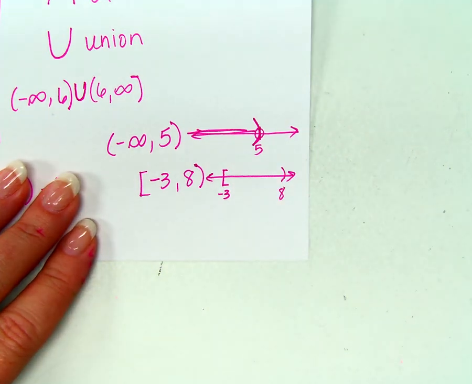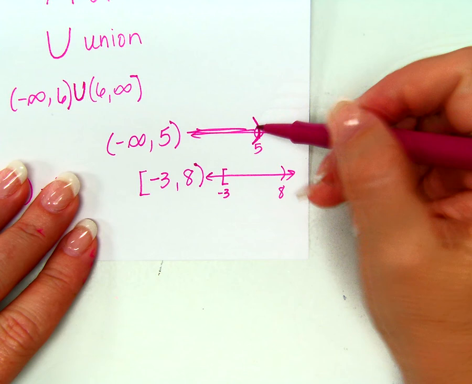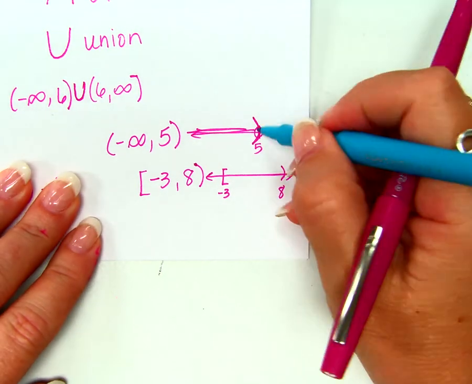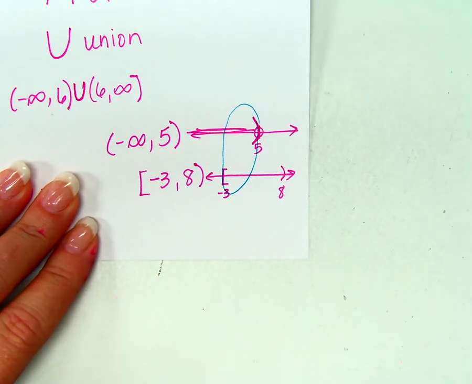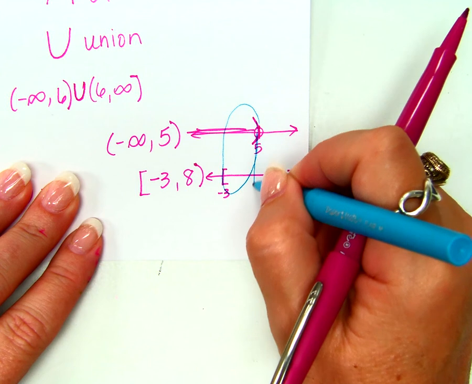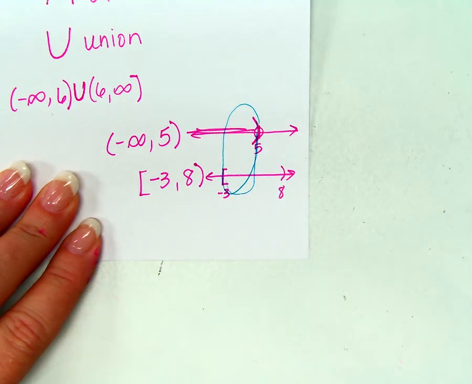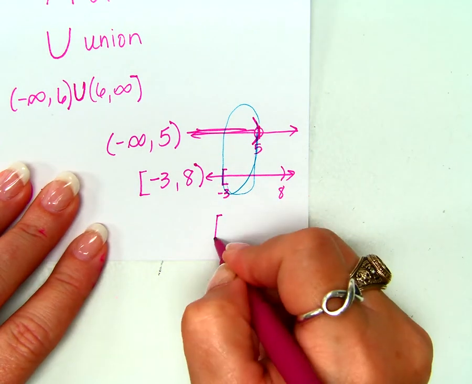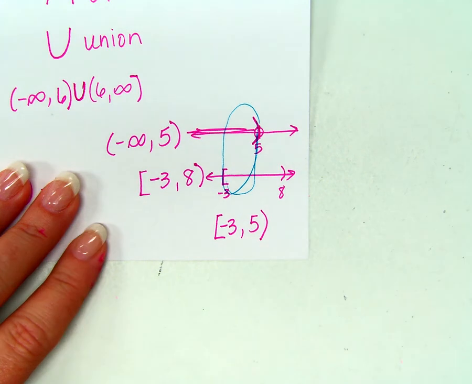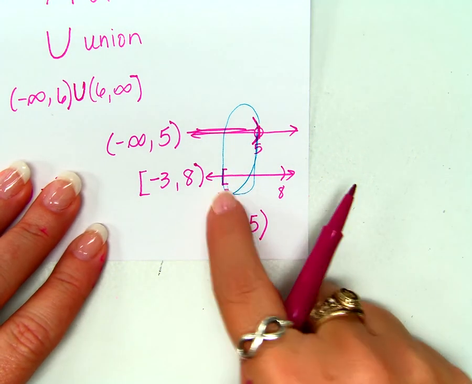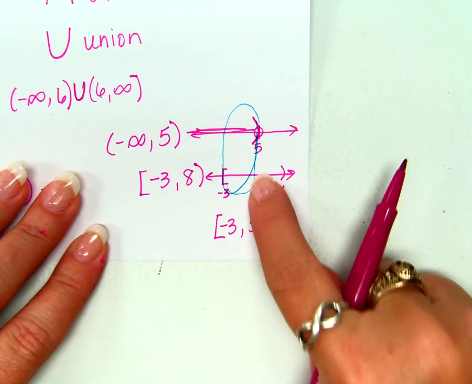Then what do they share in common? Isn't it just this middle part right here that they have in common? What they have in common is from negative 3 to 5. And negative 3 is included here, but 5 is not included here, so it can't be included there.